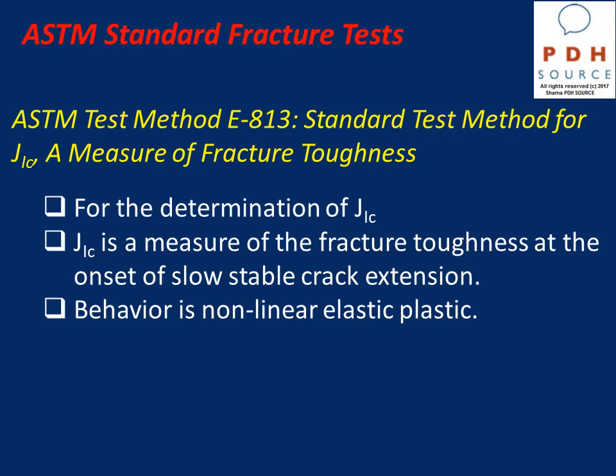And here J1C is a measure of the fracture toughness at the onset of slow stable crack extension, which means we are running this test under the plastic regime of the material. So the behavior is non-linear elastic plastic.